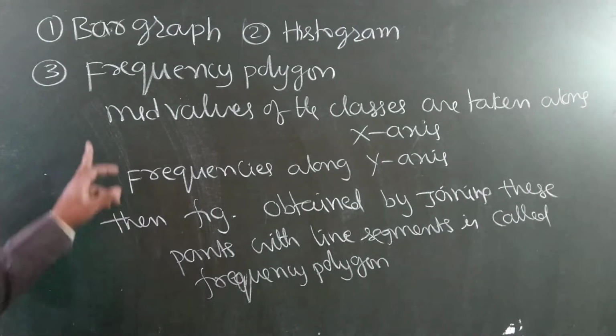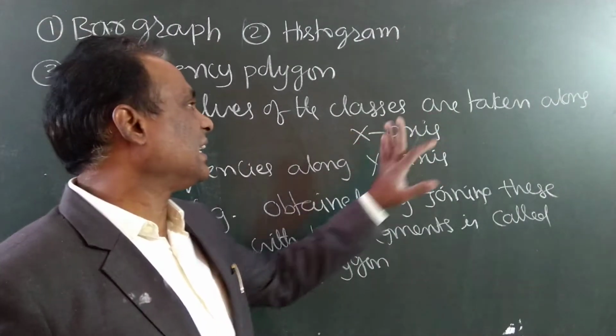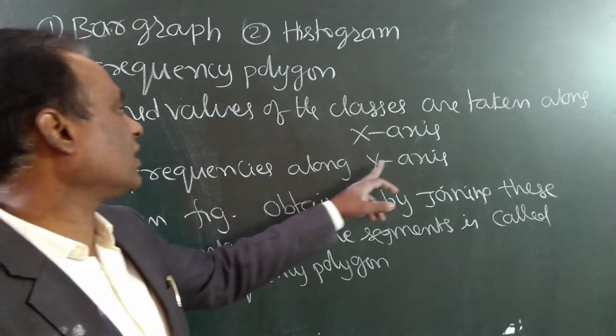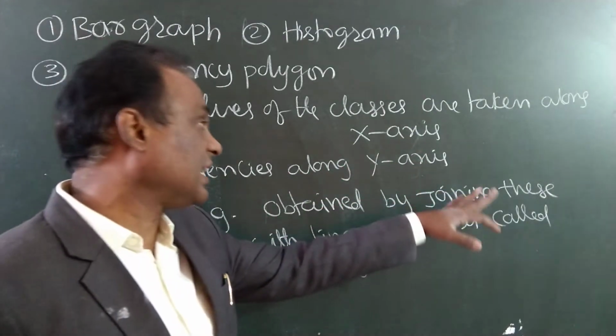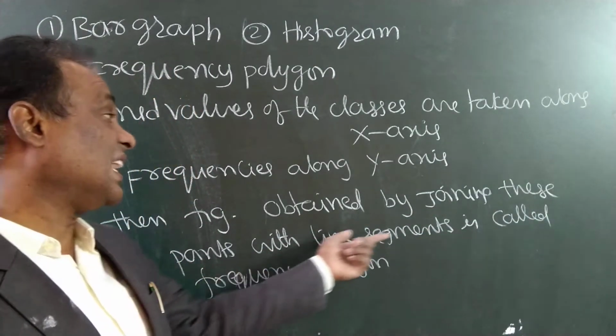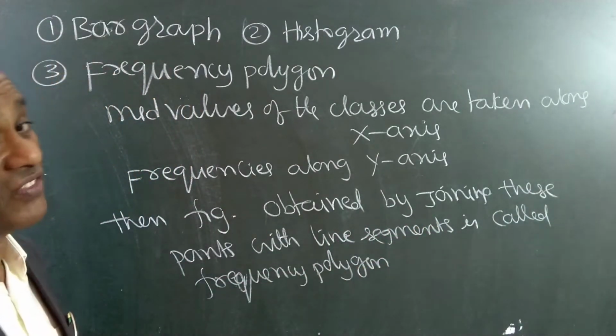Frequency polygon means mid values of the classes are taken along x-axis, frequencies along y-axis. Then the figure obtained by joining these points with the line segments is called frequency polygon.